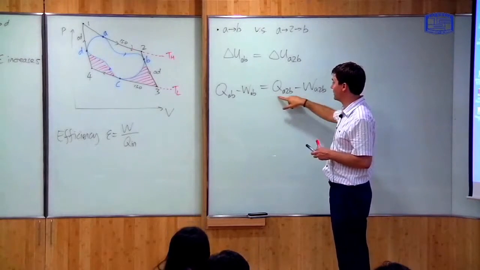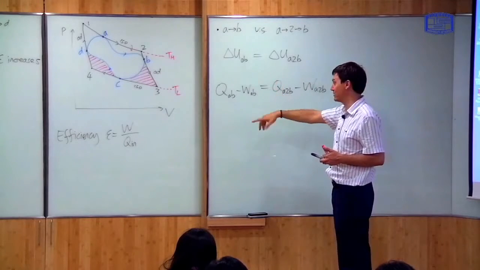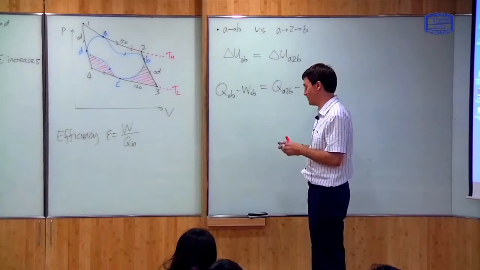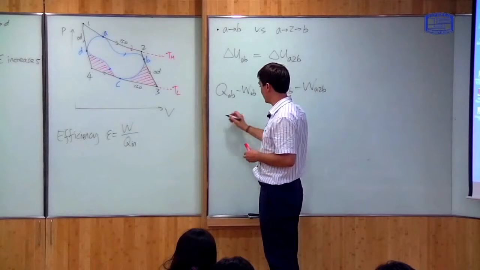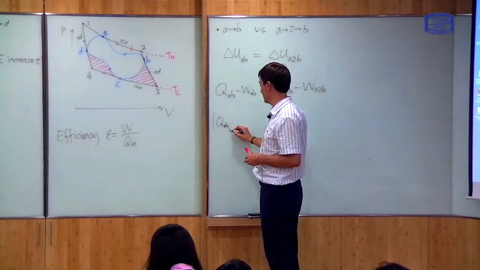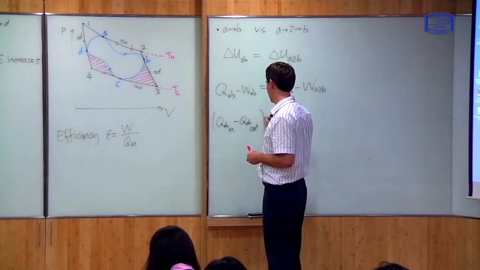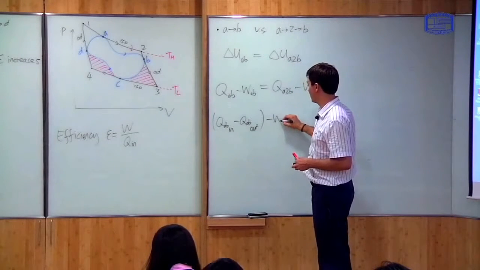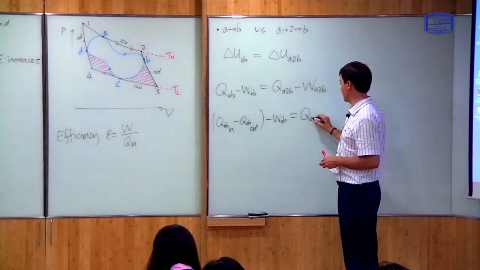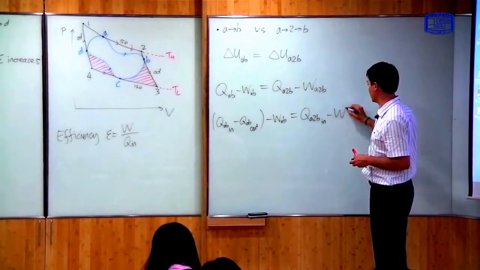And along the Carnot cycle, in this case, heat only is transferred in, so there is no heat transferred out, whereas along the original path, heat may be transferred in and it may be transferred out. So I can rewrite this as QAB in minus QAB out minus WAB. And this is equal to QA2B in minus WA2B.